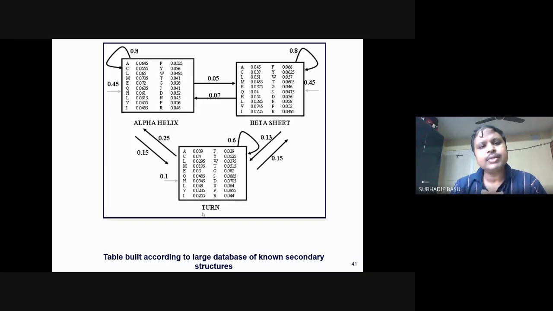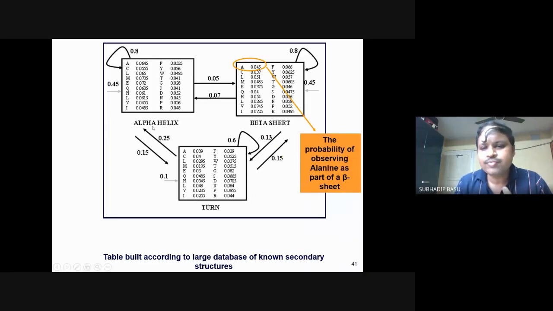What do you mean by state transition? State transition means, suppose an amino acid has been classified as a helix, what is the probability that the next amino acid is also helix? This state transition probability is 0.8.